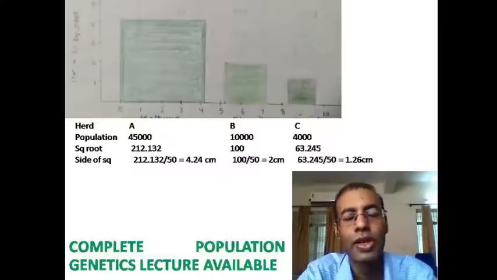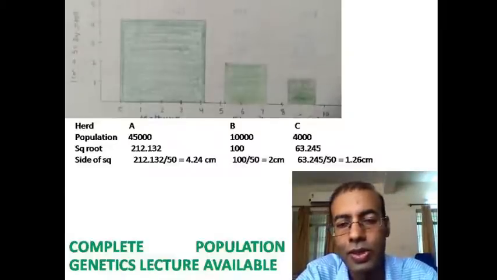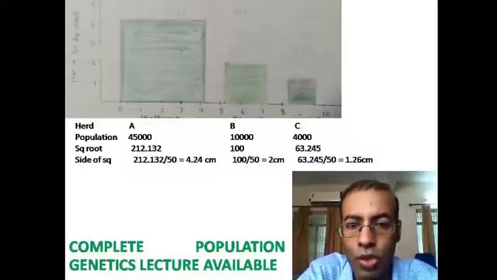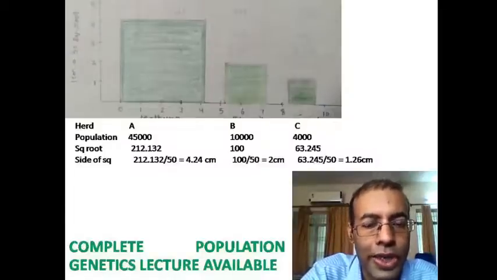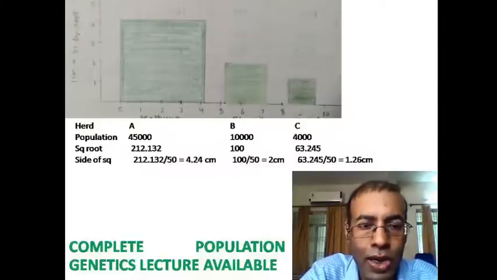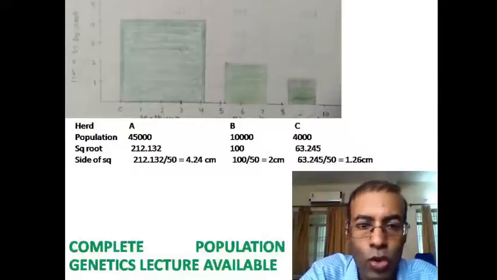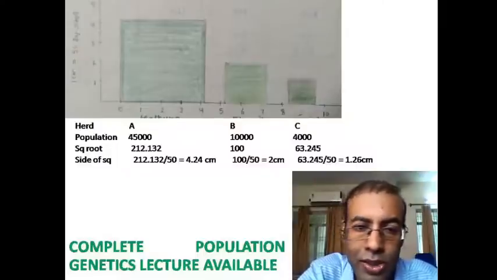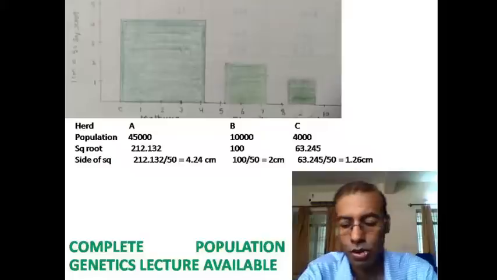So in this way we calculate the length of one side of the square for the different herds. Now we can make our squares on paper. So this way we can make our square diagram. A square diagram is also represented on this slide. So this is the solution for this question.